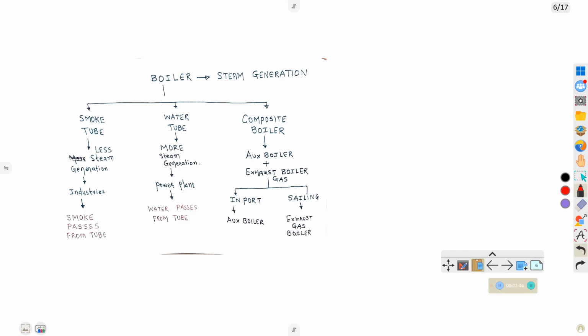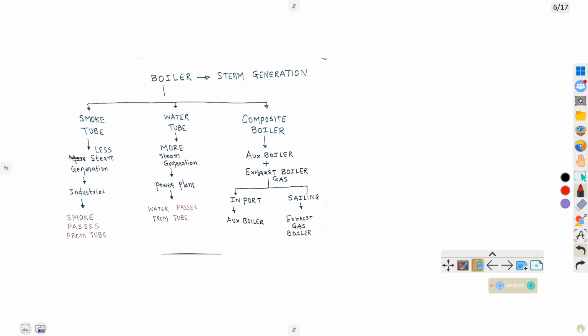Now we will come to the boiler. A boiler is used for steam generation. Depending upon the method of steam generation, it is divided into smoke tube boiler, water tube boiler and composite boiler.